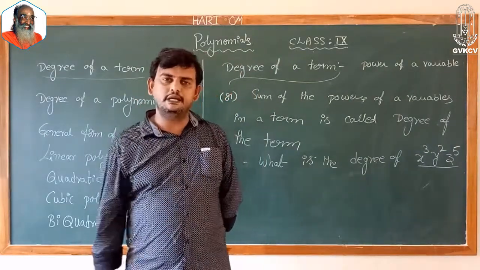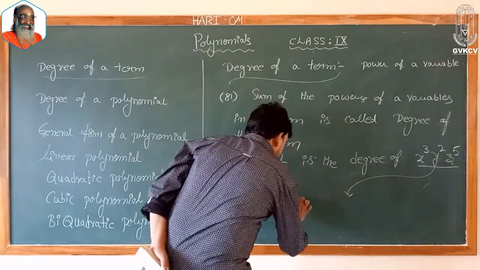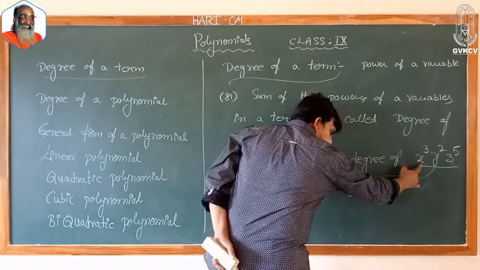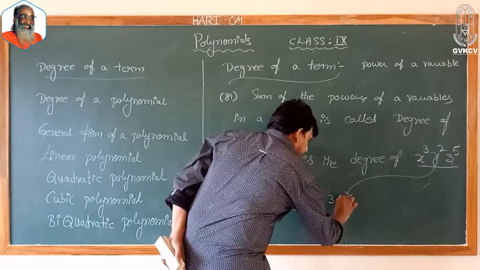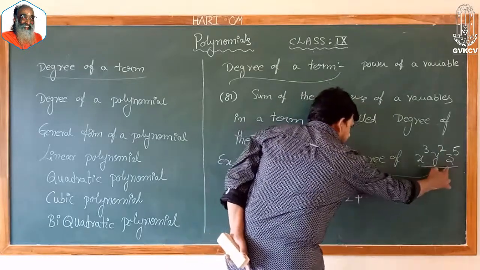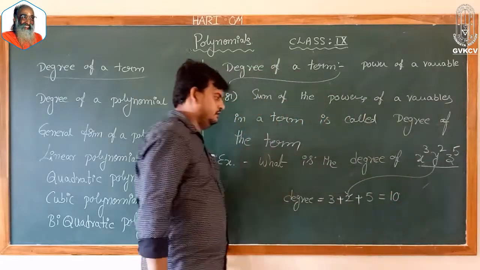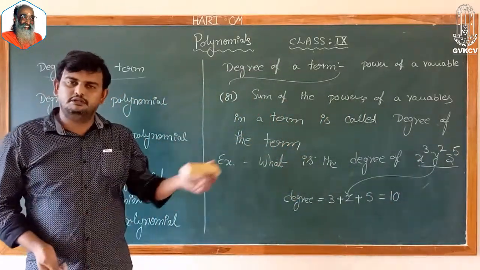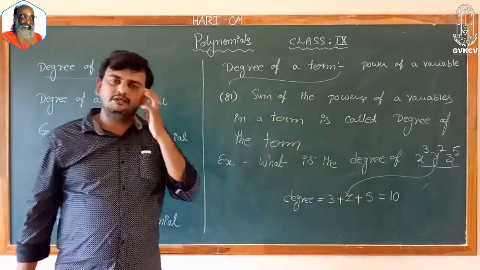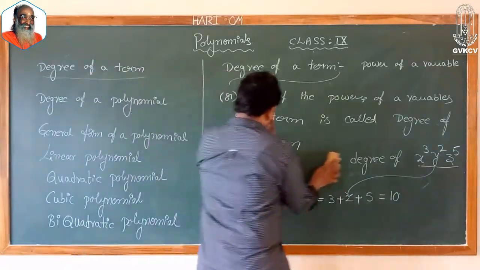Now I want its degree. How can we find the degree for this? Degree is equal to: x is a variable and its power is 3, y is a variable and its power is 2, z is a variable and its power is 5. Total how much? 10. So the degree of this particular term is 10. And one more we have.